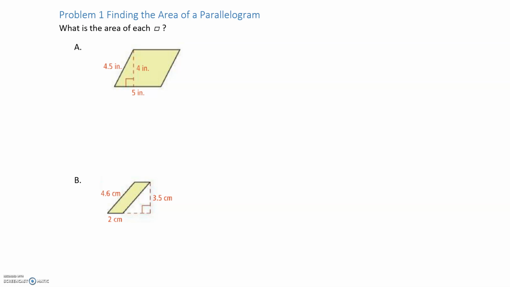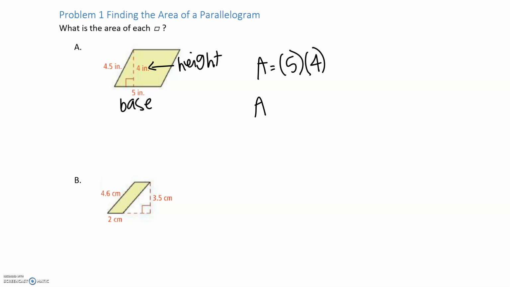So right here, our base is going to be this bottom that equals 5, okay? Our height is going to be this 4 inches because that's our altitude. So to find the area of a parallelogram, we do area equals base times height. So our base is 5 and our height is 4.